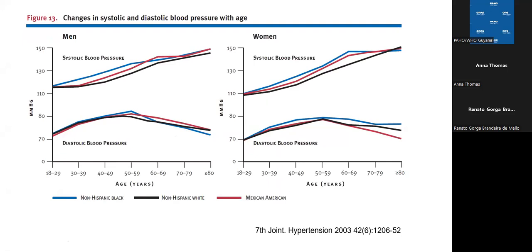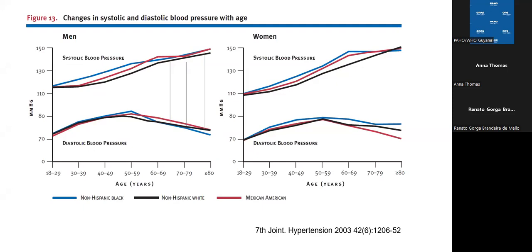Actually, here it's possible to see that systolic blood pressure rises while DBP decreases over time, forming this gap that is called pulse pressure. Today, we know pulse pressure is an accurate predictive factor for cardiovascular diseases, more accurate than isolated systolic blood pressure.